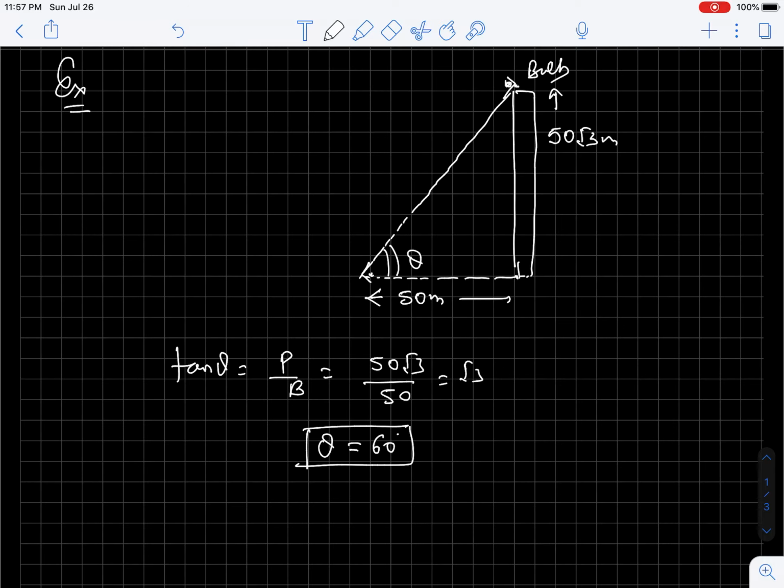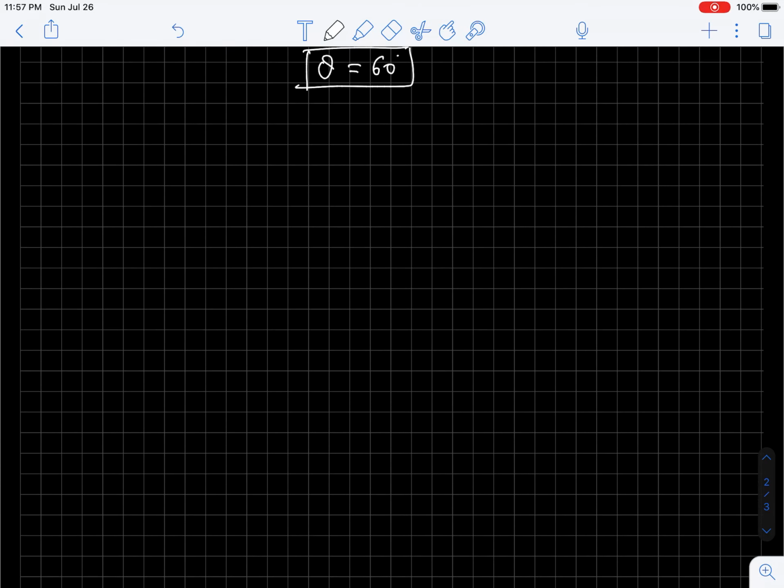We can change the question. Let's say one person is standing at the top of the building. The height of the building is 64 meters, and he sees a stone here.